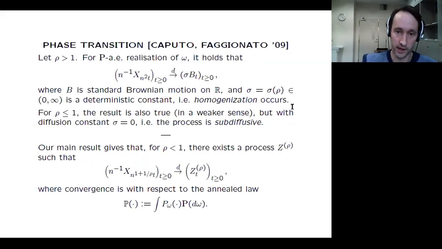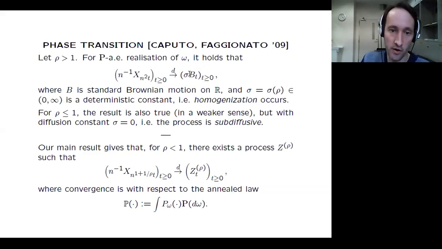But it turns out that for the Mott model, this isn't true. The behavior of the process depends quite sensitively on the density. So this is a parameter I'm going to be focusing on in this talk. In particular, when rho is bigger than 1, for almost every realization of the Poisson process, if we look at the Mott random walk and rescale it in the usual diffusive way, so n squared in time and 1 over n in space, then this converges, as would the simple random walk on the lattice, to a Brownian motion.